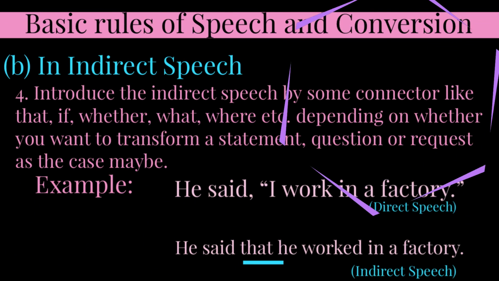Then we have to introduce the indirect speech by some connector like that, if, whether, what, where, depending on whether you want to transform a statement sentence, a question sentence, or a request, as the case may be. In the example, we have removed the comma and inverted commas and we have added the connector that, as it is an assertive sentence.